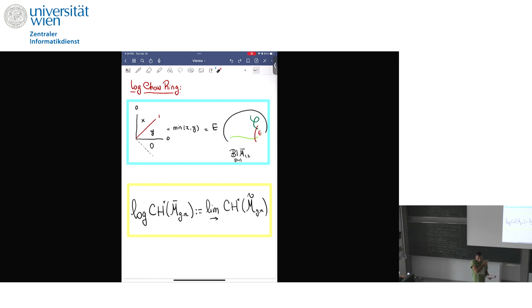And then we have a directed system. Each of these birational models has a Chow ring, and we can consider the directed limit of all these Chow rings. And we're going to call this the log Chow ring of MGN bar.